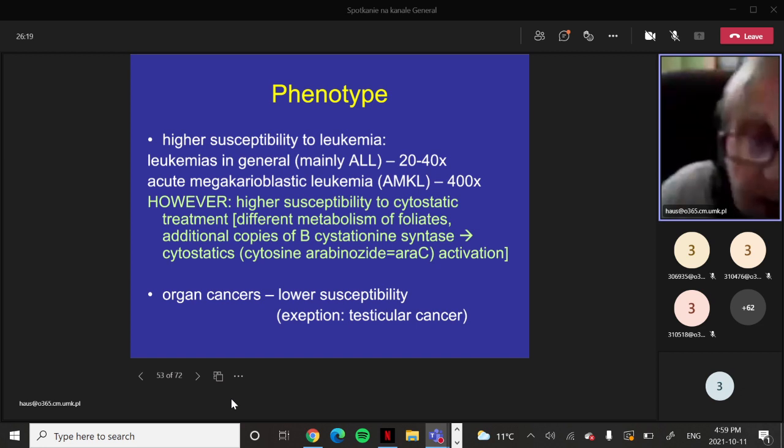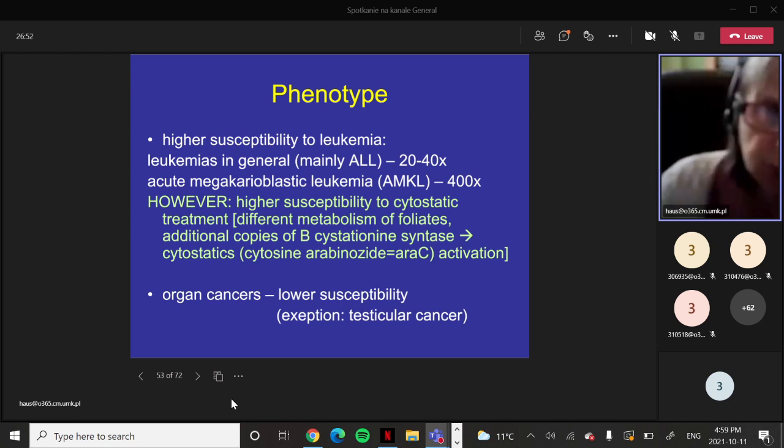And to this type, children with Down syndrome are 400 times more susceptible than children without trisomy 21. Normally, children almost don't have this type of leukemia. This is an adult type of leukemia.